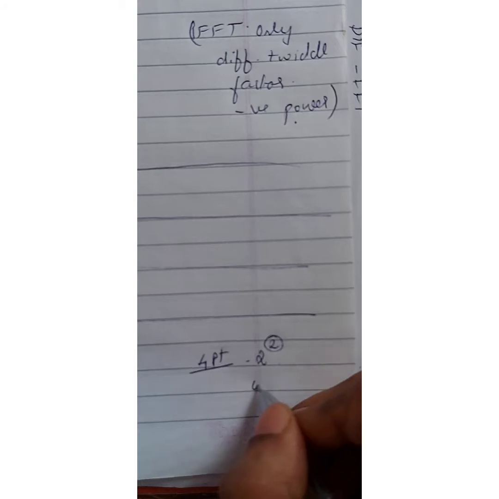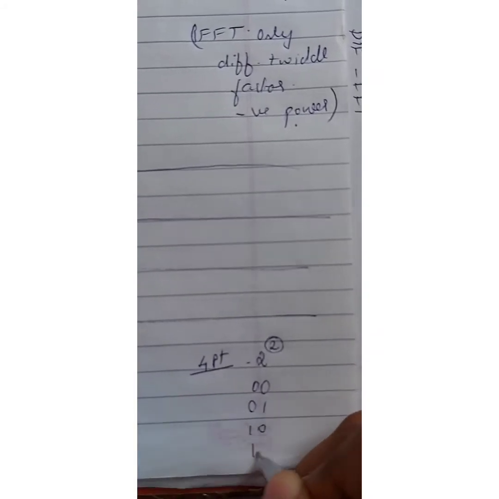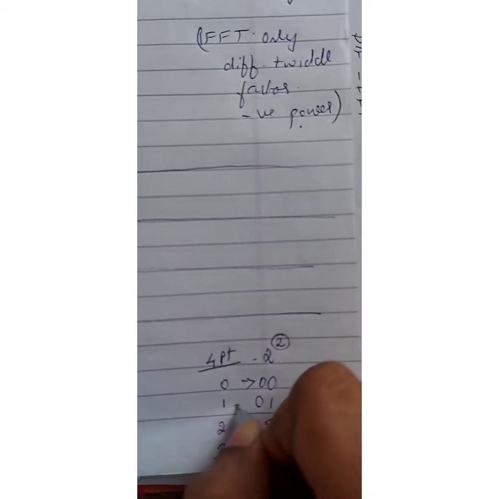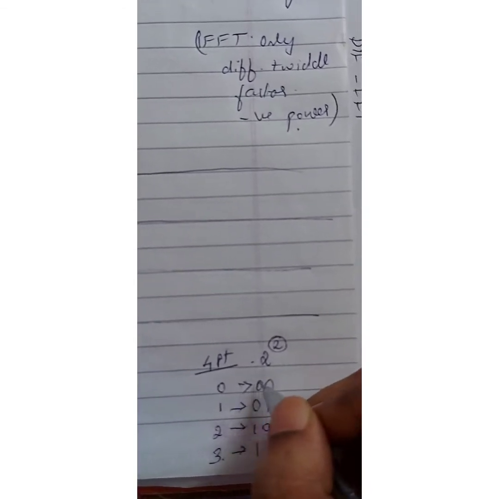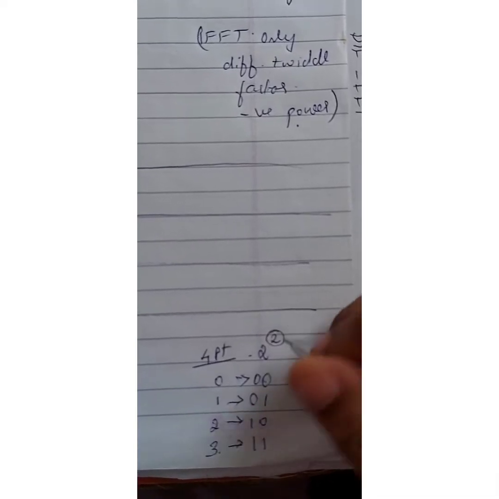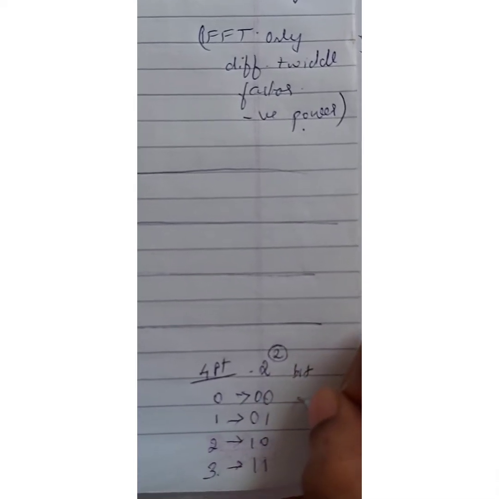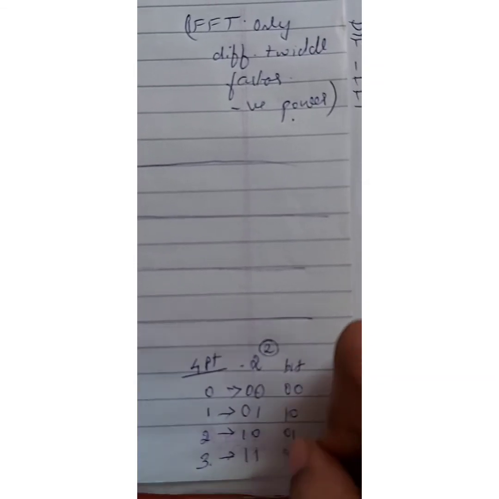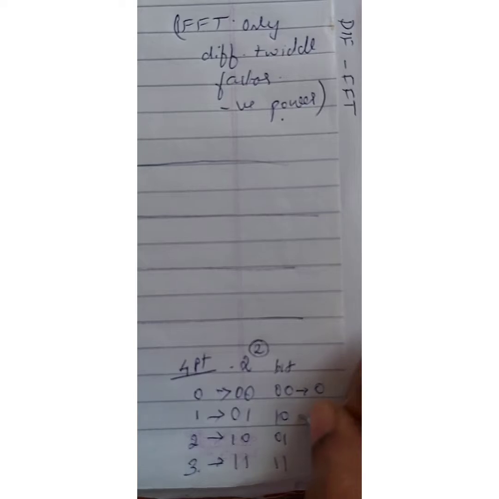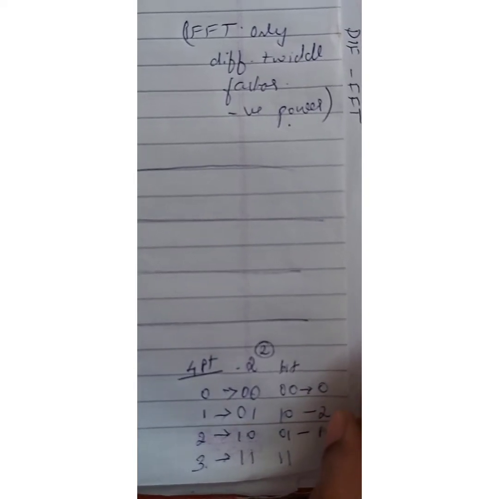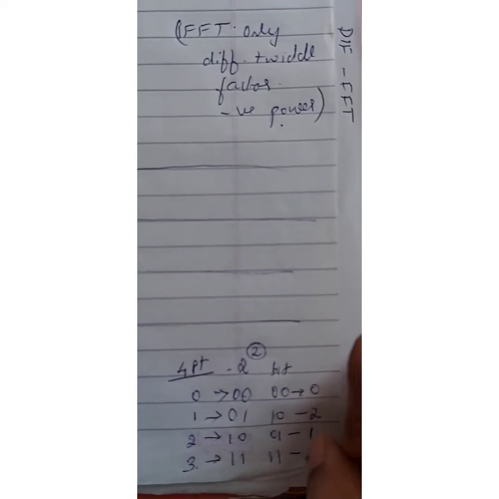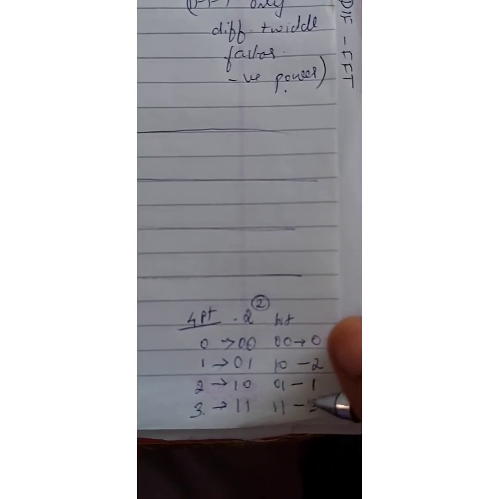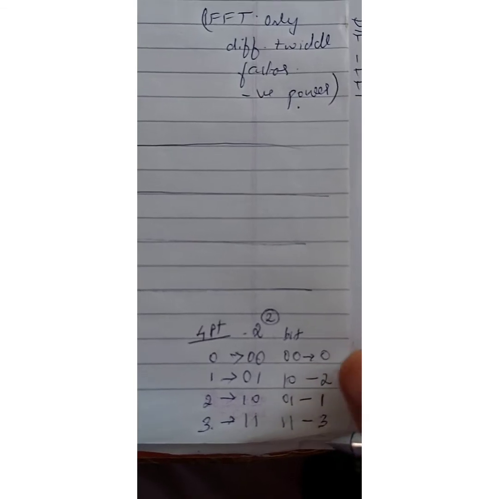You just have to consider 2 bits: 00, 01, 10, 11. This is your 0, 1, 2 and 3. At the 0th position you read it in a bit reversed way. Bit reversed would be 00, 10, 01, 11. So this is nothing but 0 2 1 and 3. This is the bit reversed order. Instead of 0 1 2 3, it is 0 2 1 3.